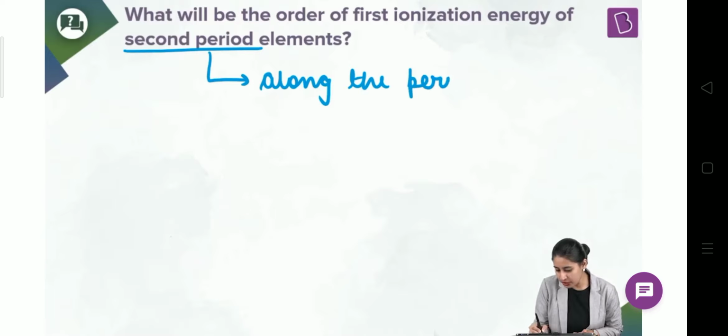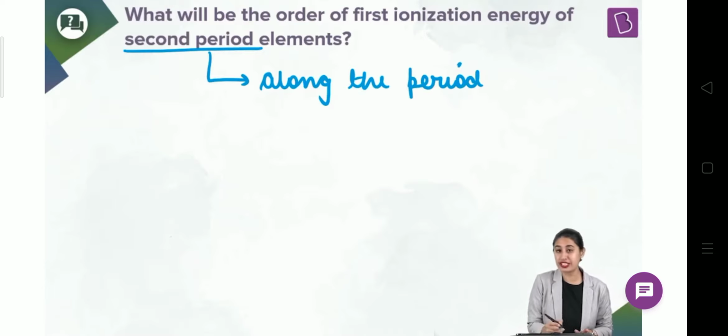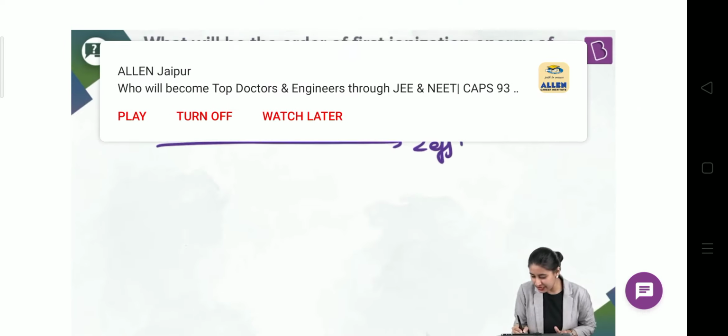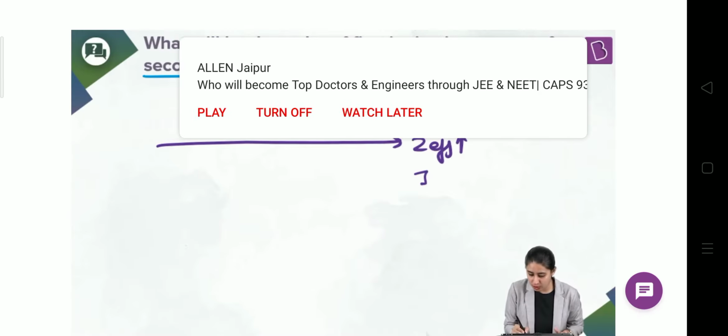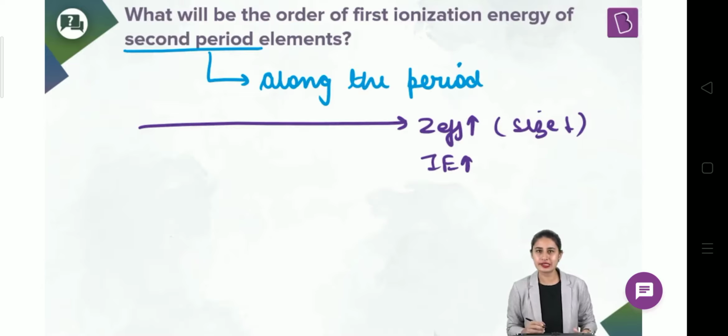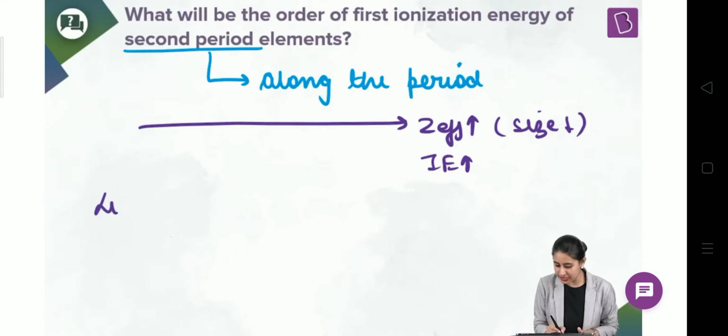And if I'm talking about along the period, that means what? As we move along the period, Z effective increases, so ionization energy also increases, and now we can connect the dots that size decreases.